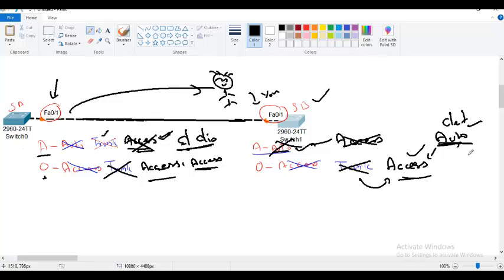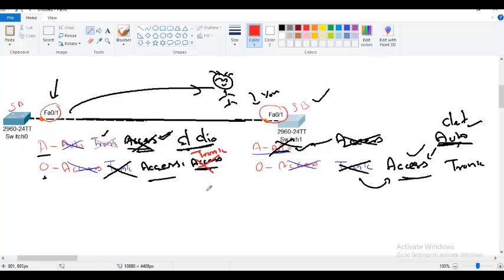But if this is in an access mode, this switch will not agree. This guy is saying, if you are willing to become a trunk, this guy will say, no, I cannot become a trunk. I'm hard coded to be what?